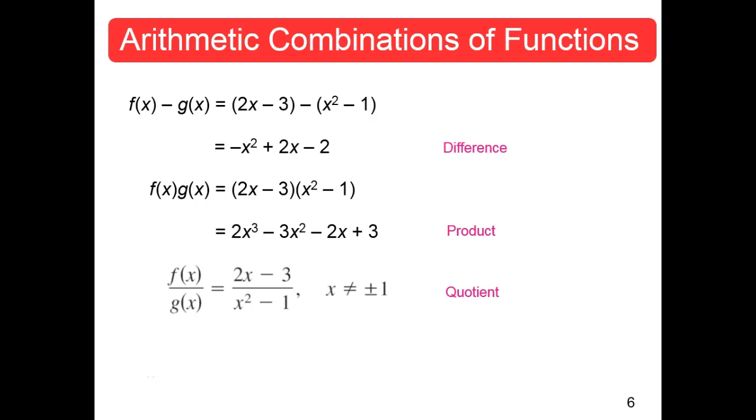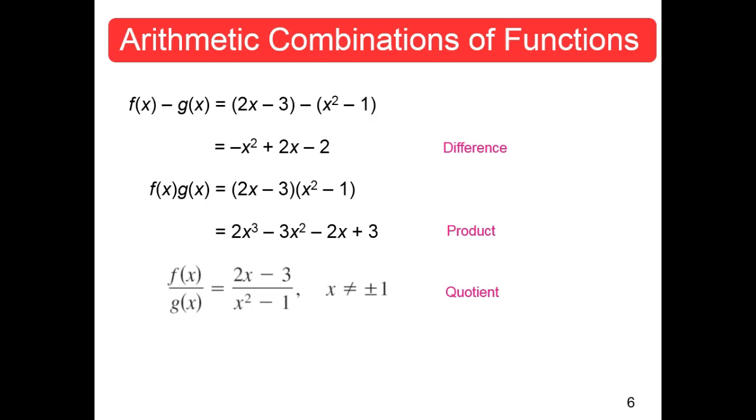Now, how about dividing two functions? Just write it down. Now, if either of these are factorable and they have common factors, you can divide them out. You know, do that. But there's one thing here you've got to watch out for. x squared minus 1 cannot equal 0. That was not a problem ever before, but now it is because you put it in the denominator.